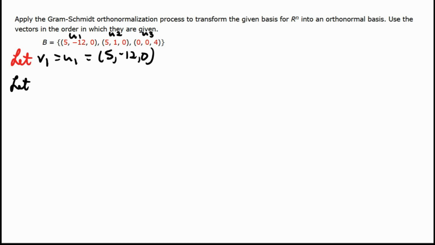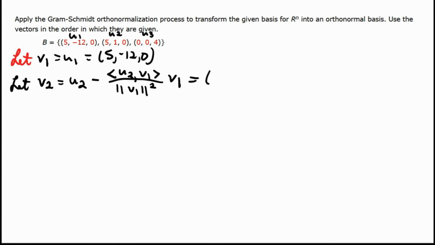And then let V sub 2 equal U sub 2 minus the inner product of U sub 2 and V sub 1 over the norm of V sub 1 squared, times V sub 1.